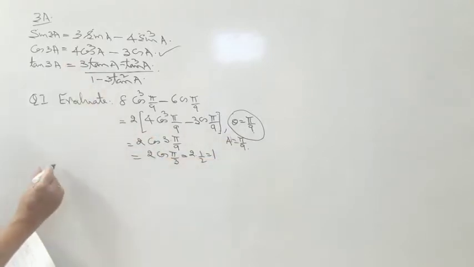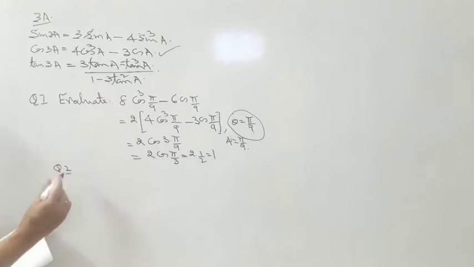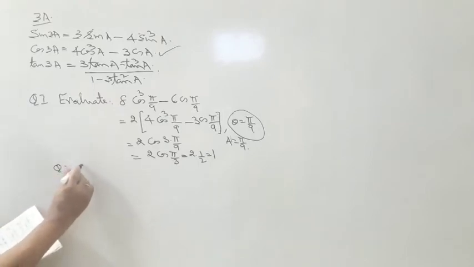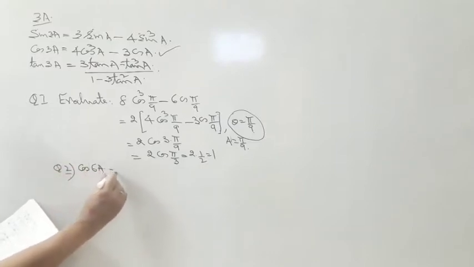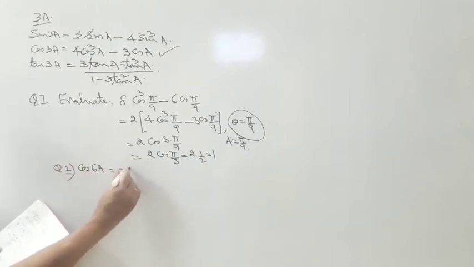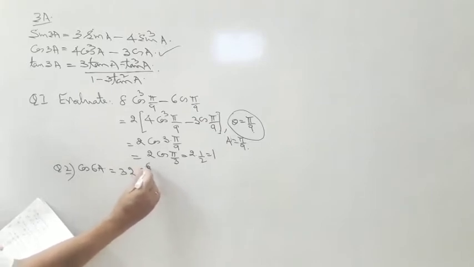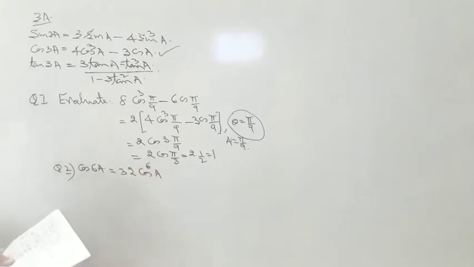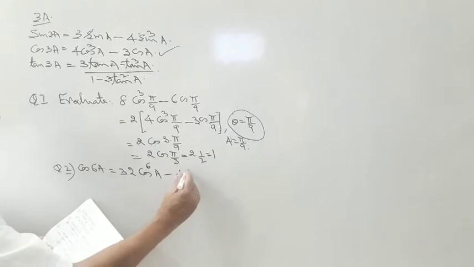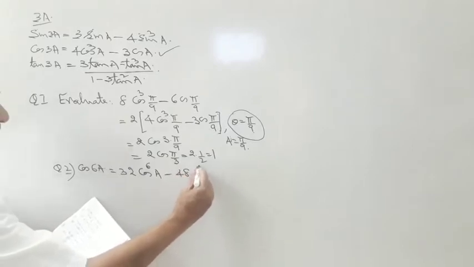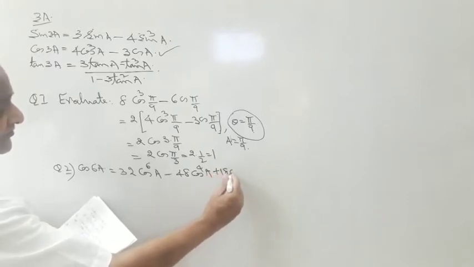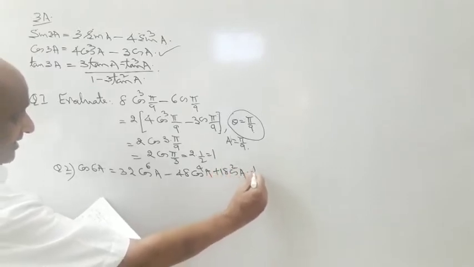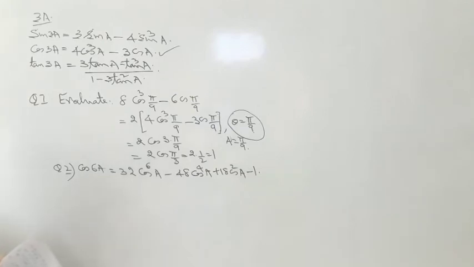Question number 2. These are just direct applications. Prove that cos 6a is equal to 32 cos to the power 6 a minus 48 cos to the power 4 a plus 18 cos square a minus 1. So this I want to show. It's very simple.